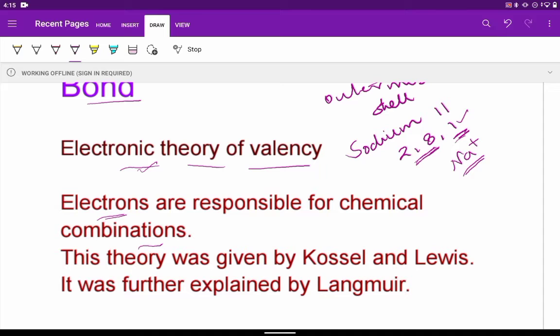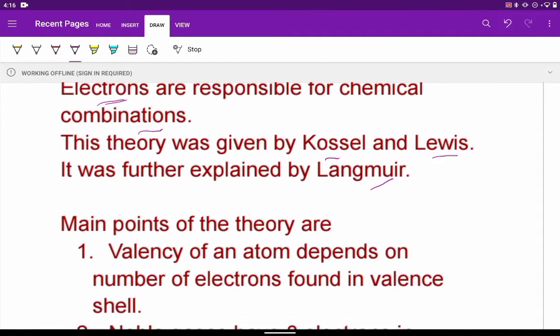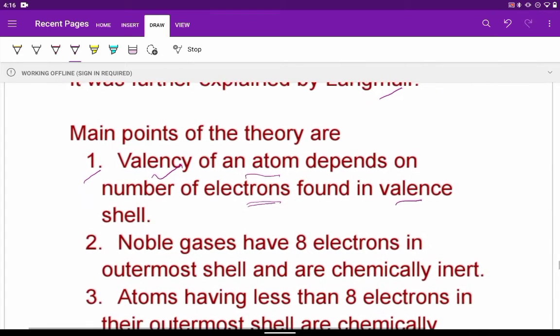This theory was given by Kossel and Lewis, and it was further explained by Langmuir. This theory is explained on the basis of some important points. The first point stresses that for every atom, the valency will depend upon how many electrons are there in the valence shell, that is the outermost shell.